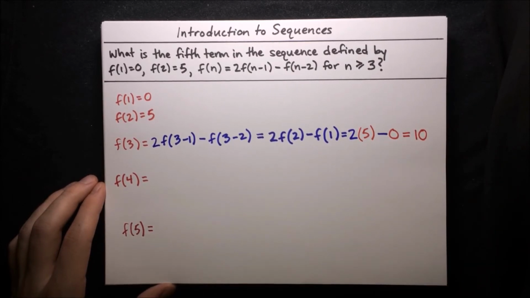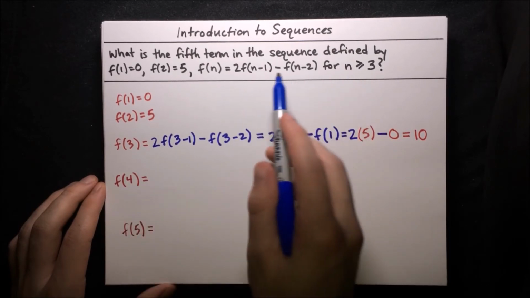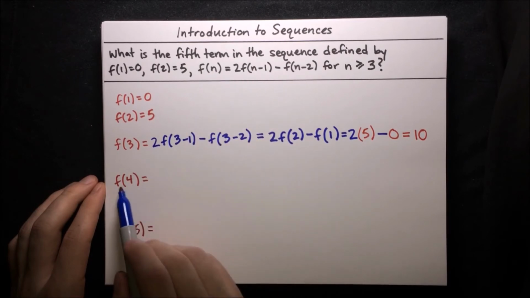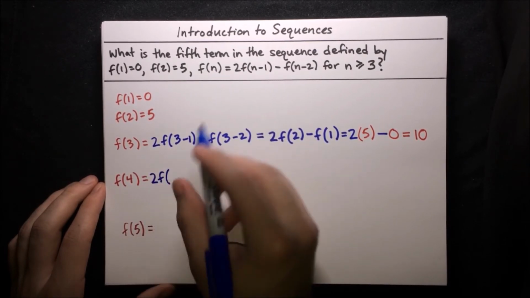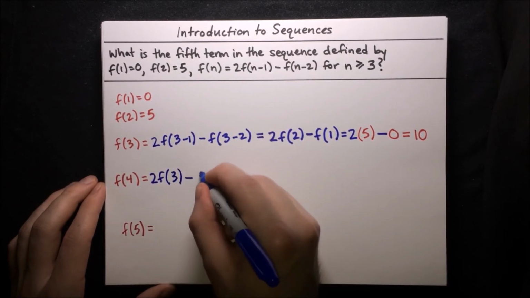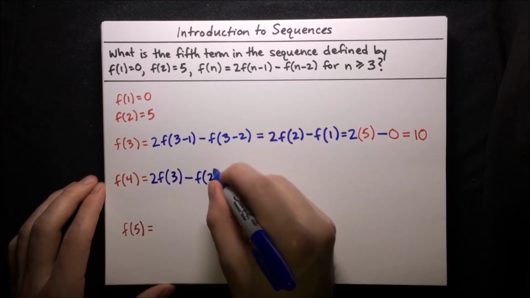Now we can do a similar thing with f of 4. So we just plug in the next value of n into this formula, n equals 4. So we get f of 4 is equal to 2 times f of 4 minus 1, so 2 times f of 3, then minus f of 4 minus 2, so minus f of 2.